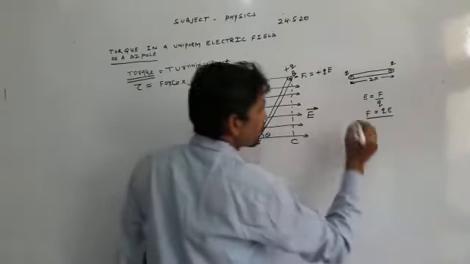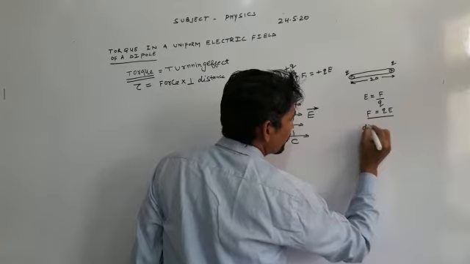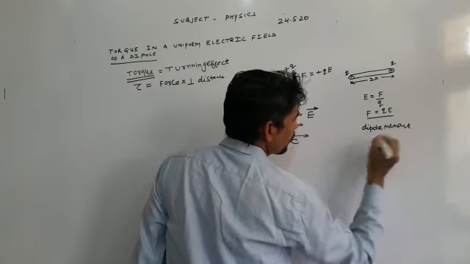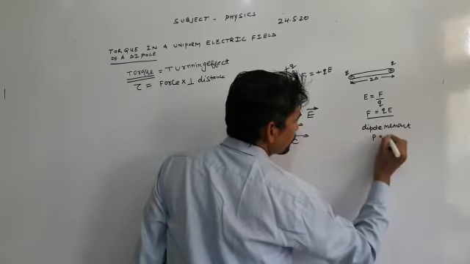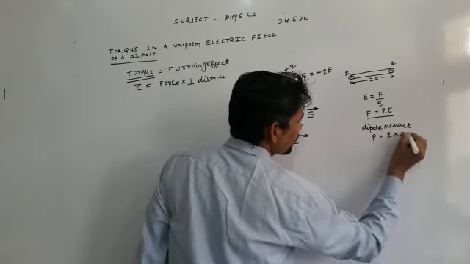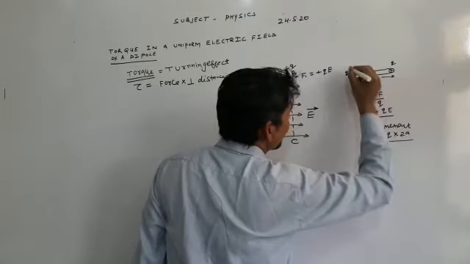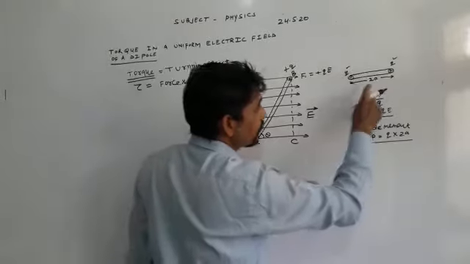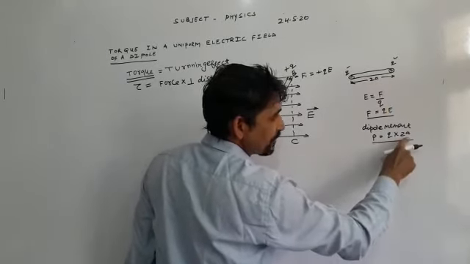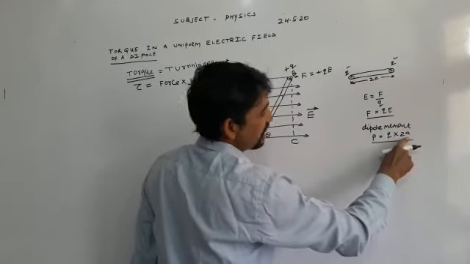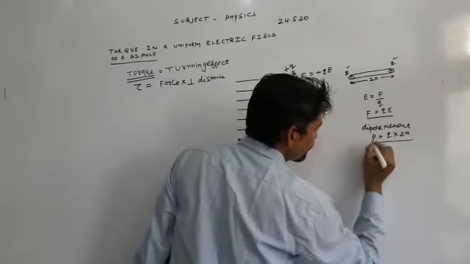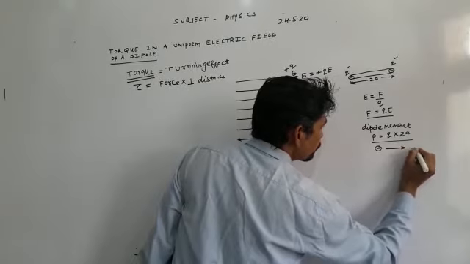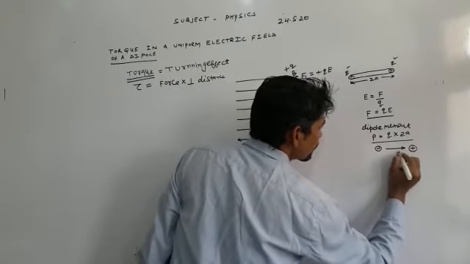You also know the formula of dipole moment, P equals Q into 2a, means either charge plus Q or minus Q multiplied by the separation between these two charges, and direction of P is negative charge to positive charge.